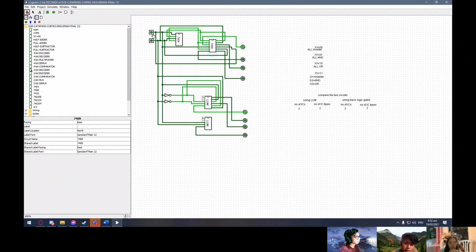And for the lower half of the circuit, we have applied the LOMI version of that circuit. So if we click an input, as we can see, both of the outputs for the LOMI and the application of the ICs are the same.